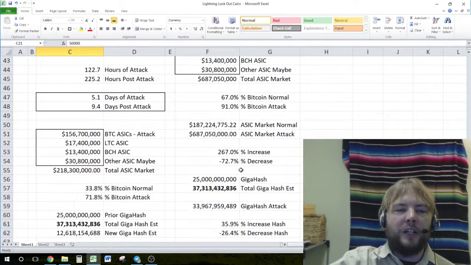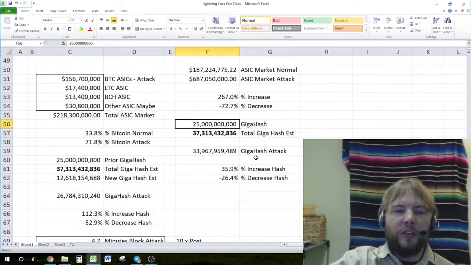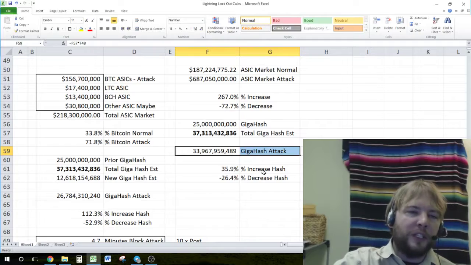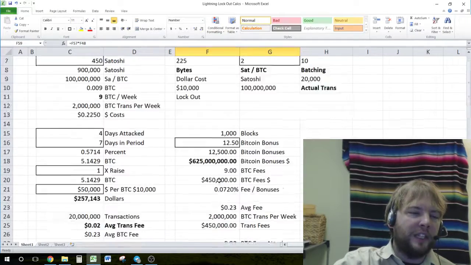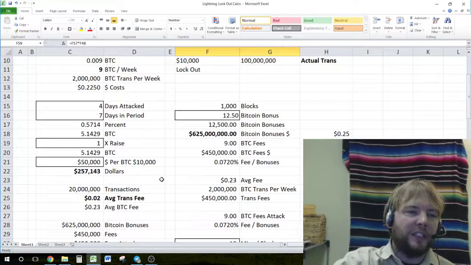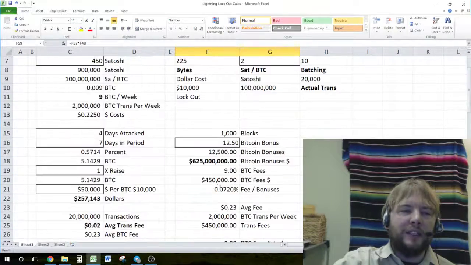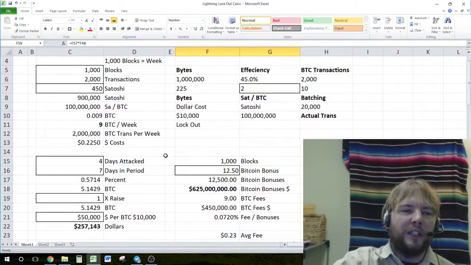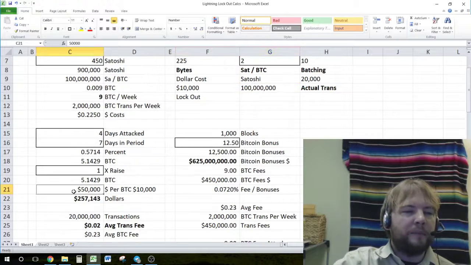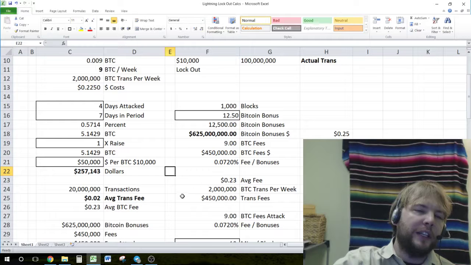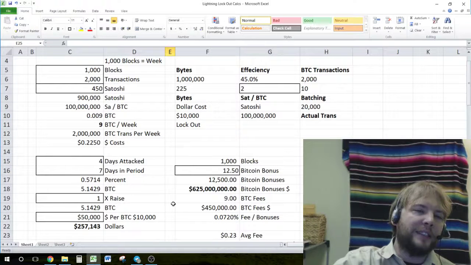And how does that change our amount of gigahash? Well, currently we have 25 billion gigahash, and if the Bitcoin price goes to roughly $50,000, then we would end up in a situation with 34 billion gigahash. So it doesn't increase 5x with the Bitcoin price, but it is more. It's very substantially more than it was before. So what does that mean for us when we're trying to make these analyses?